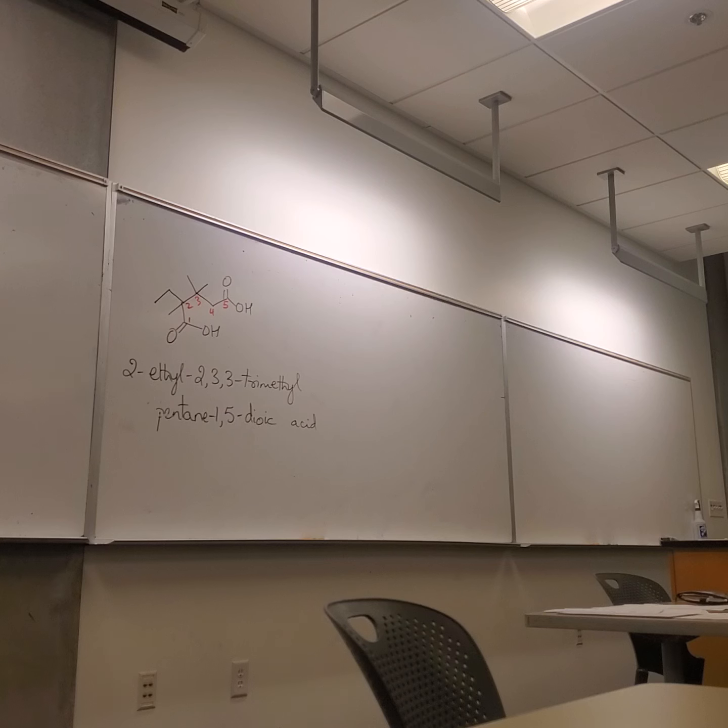5-ethoxy, 7 phenol. So shouldn't we count this? Shouldn't it be 8? No. Let's think about it. Why is that not correct? The carbon is not part of the chain. Exactly. A carbon can either belong to this or belong to that.